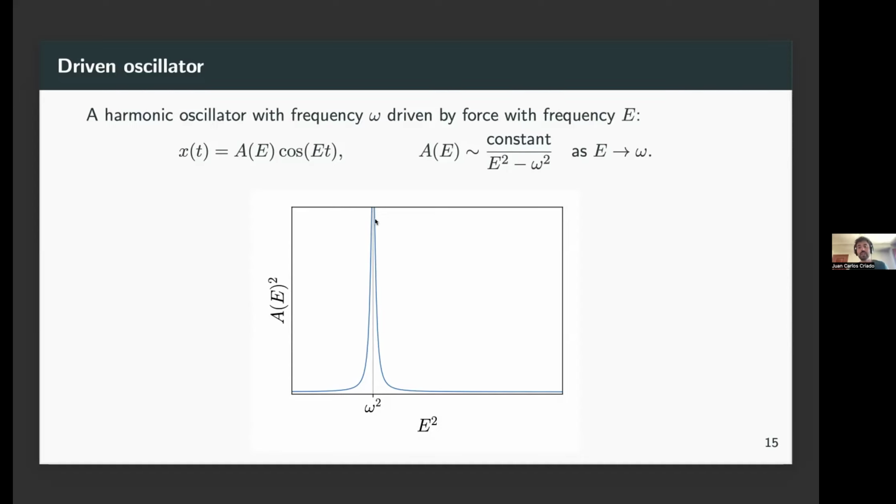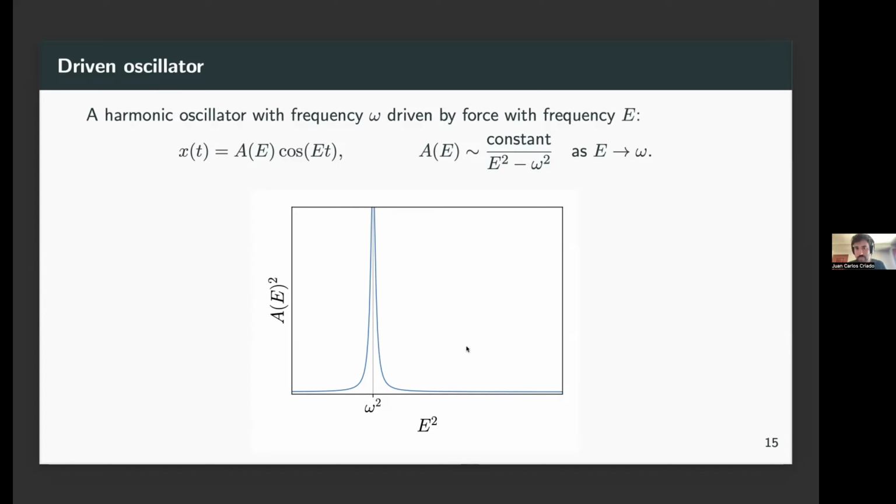So in general, the solution depends on what driving force you have, on what source you have, but close to the on-shell limit, so near the resonant frequency, this behavior becomes universal, and it doesn't depend on what source term you have. As long as the driving force has a frequency near this, you will have 1 over E squared minus omega squared as the dependence on E, and then some amplitude, some normalization factor at the top.